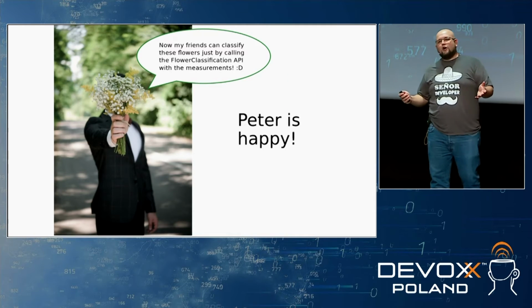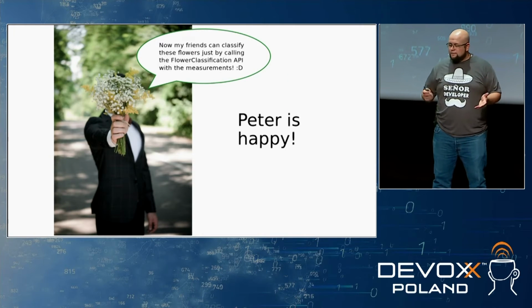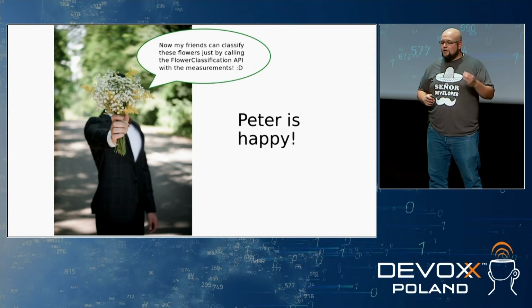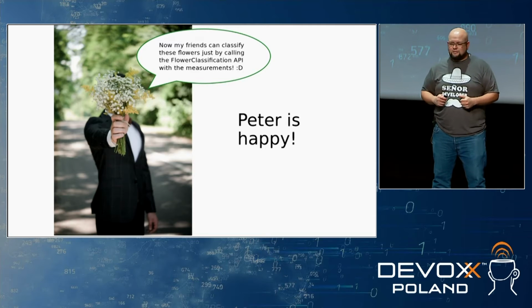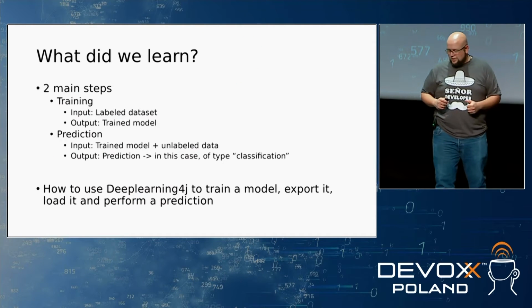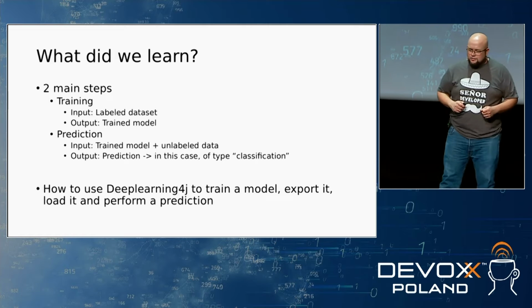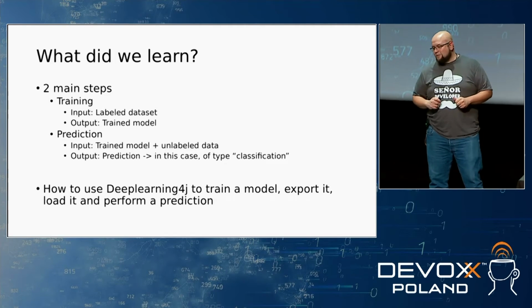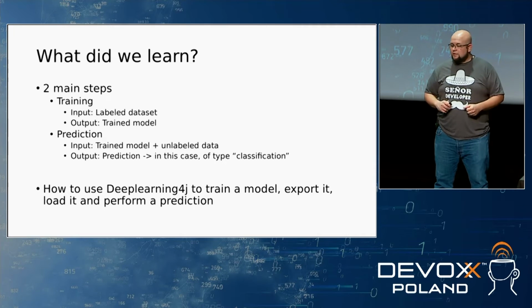And hey, now Peter is happy because now his friends can classify these flowers just by providing the measurements using the flower classification API. So what did we learn in this rather simple story? There are two main steps in machine learning, training and prediction.